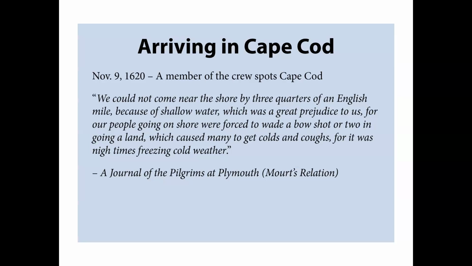And arriving in Cape Cod in November of 1620, this came from Mourt's Relation, where they basically shared what it was like. They said that we could not come near the shore by three quarters of an English mile because of shallow water, which was a great prejudice to us. For our people going on shore were forced to wade a bowshot or two in going inland, which caused many to get colds and coughs, for it was nigh times freezing cold weather.